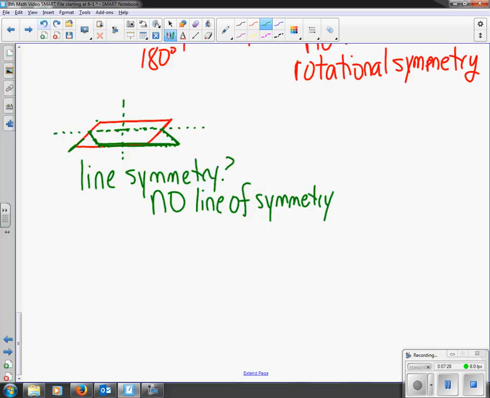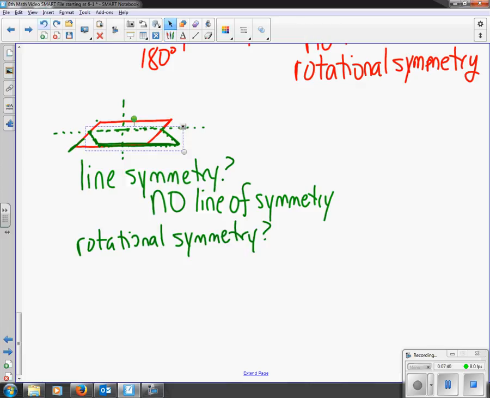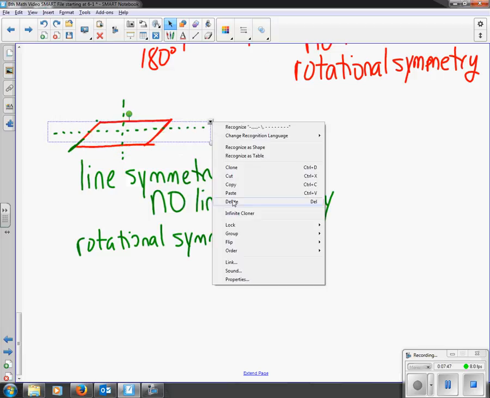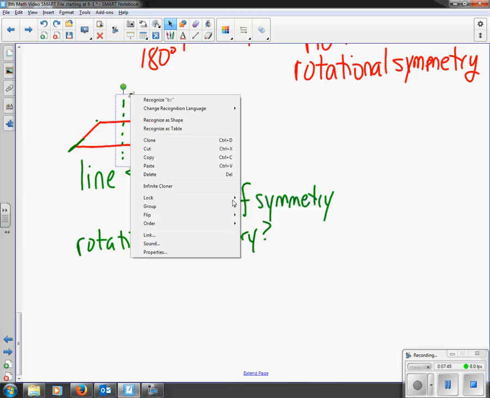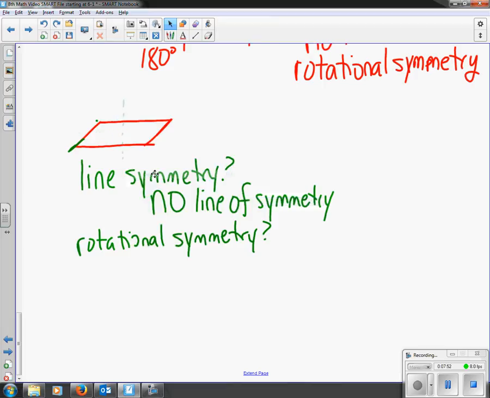But does it have rotational symmetry? This is where you have to be able to picture the shapes in your head. Let's see if I can rotate it. Here's 90 degrees.